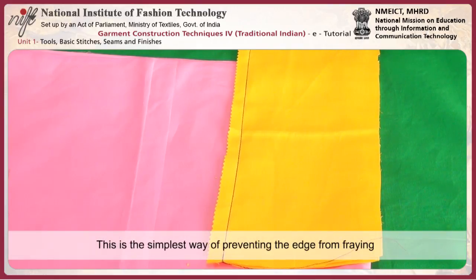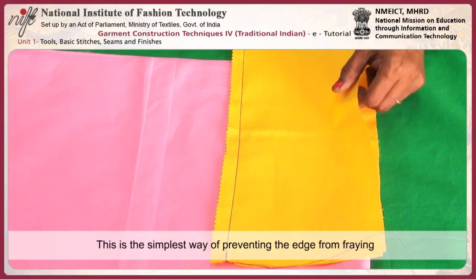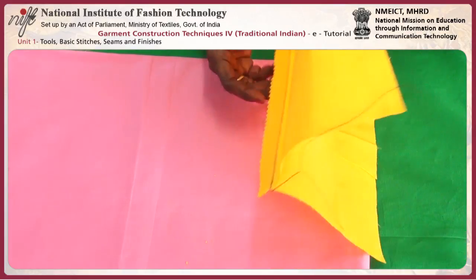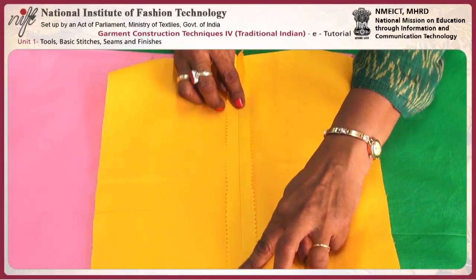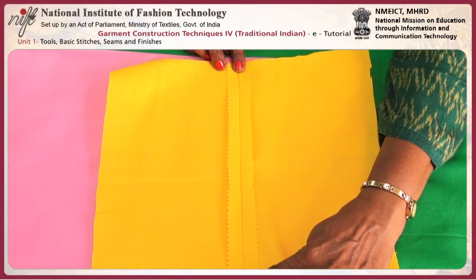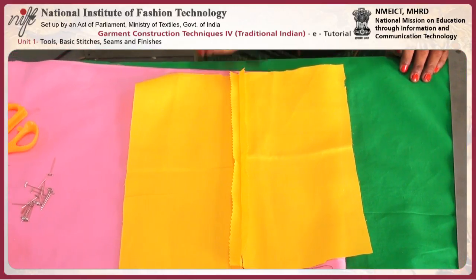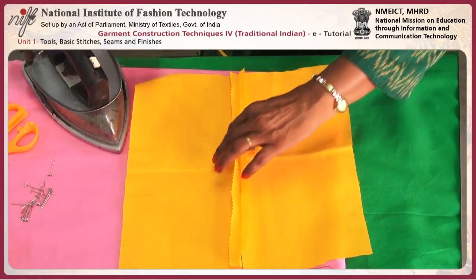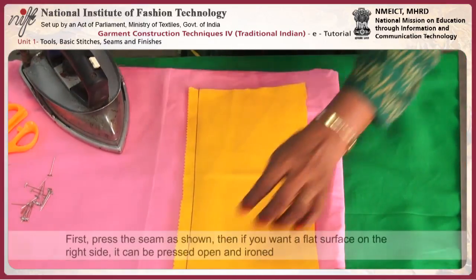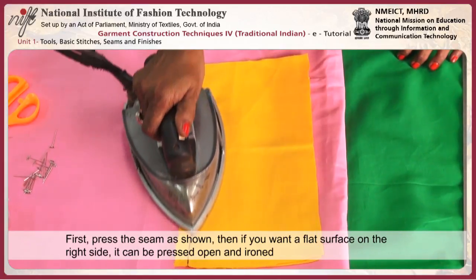This is the simplest way of finishing the seam to avoid the edge fraying, and it can be left like this, or it can be pressed open and left like this. This is the plain seam. You have to press this way first.